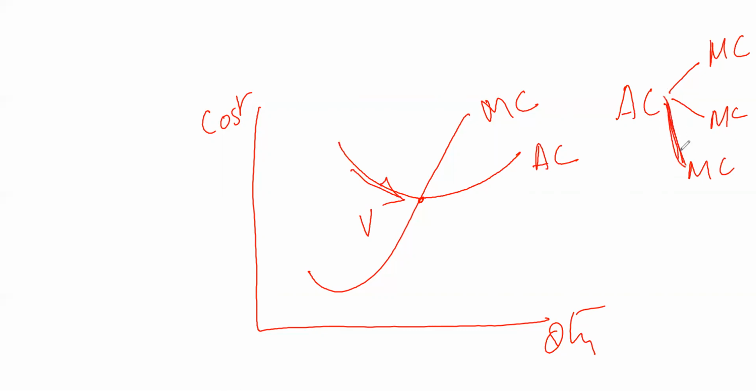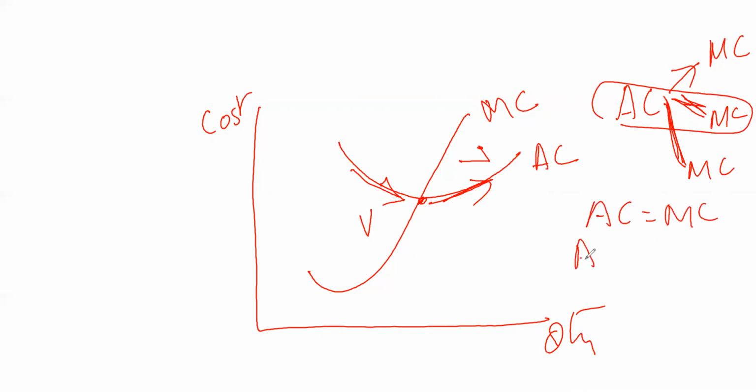And if the marginal cost is more than the average cost, it starts rising. And when the two are equal, at this point when average cost is equal to marginal cost, average cost is at its minimum. So this is typically the relation between average cost and marginal cost.